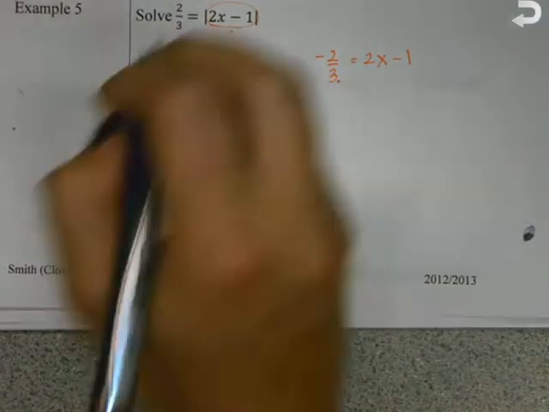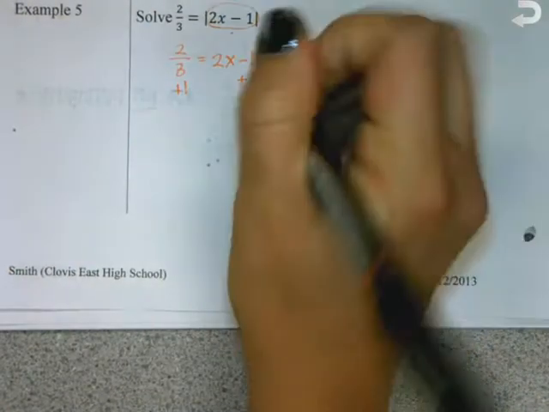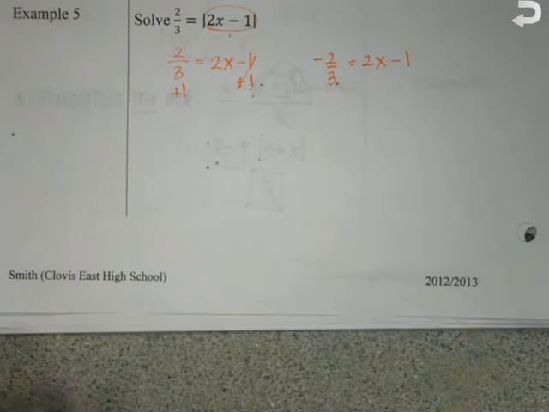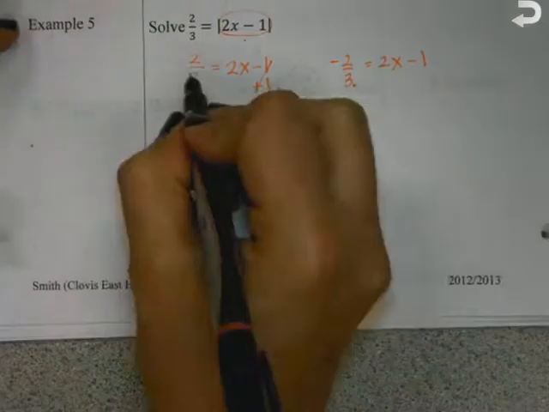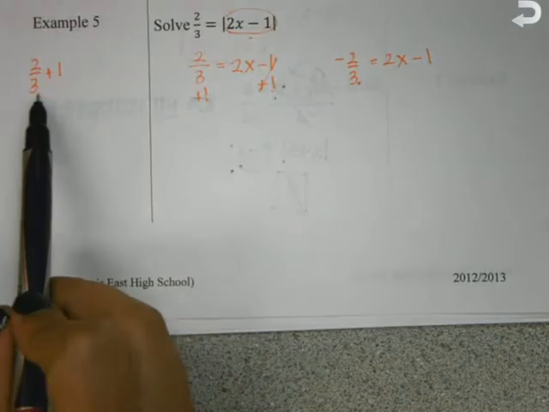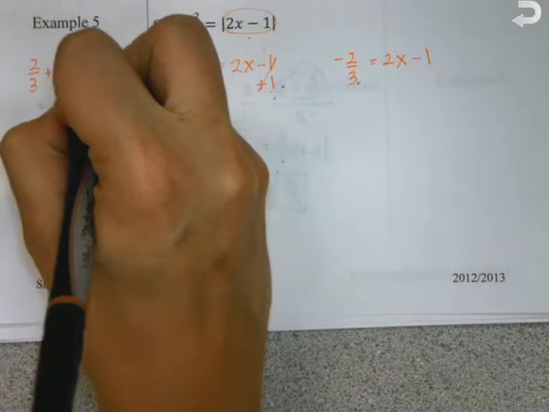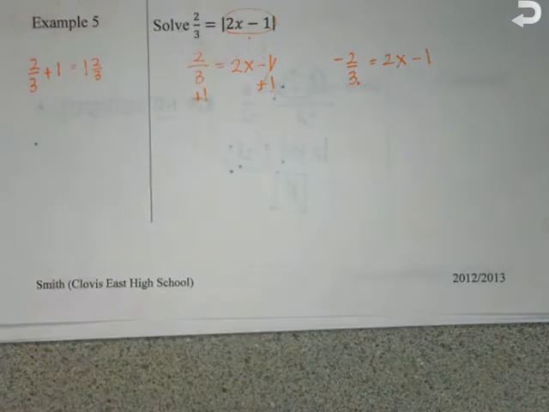Negative 1 plus 1 cancels and gives me 0. Now I'm going to do a little bit of scratch work on the side. Right here I have 2/3 plus 1. Now this is a fraction and this one isn't. And if we set it equal to 1 and 2/3, that's really not going to help us much. So we actually want to get everything into a fraction. So 1 is the same as 1 over 1.